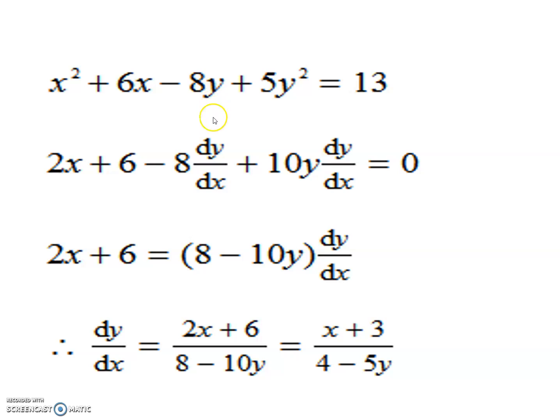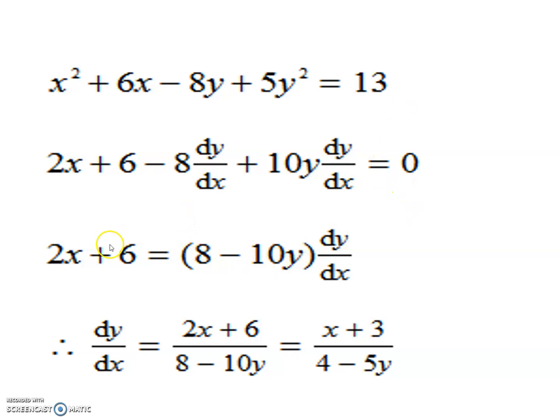The derivative of y is also 1, but dy by dx we have to write. The derivative of 5 remains the same. For y square derivative we apply x raised to n is n x raised to n minus 1. That's why the y square derivative is 2y dy by dx. But 2 into 5 is 10, and the derivative of a constant is 0.